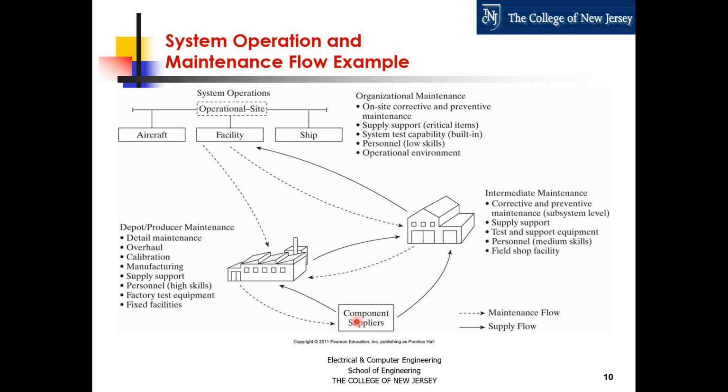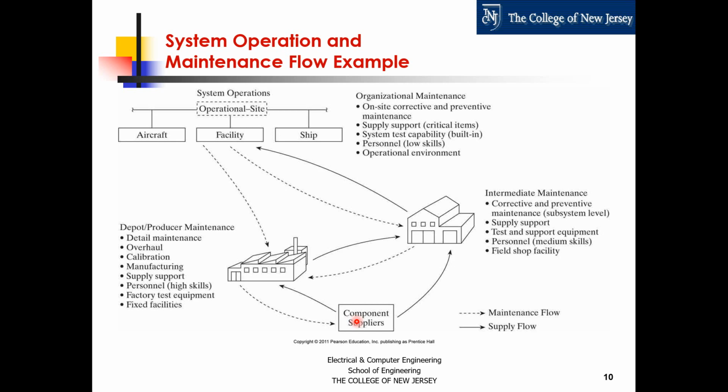So now that you kind of understand the differences between these different facilities, let's very quickly look at a couple of flows. First, the maintenance flow, which is the dashed arrows.